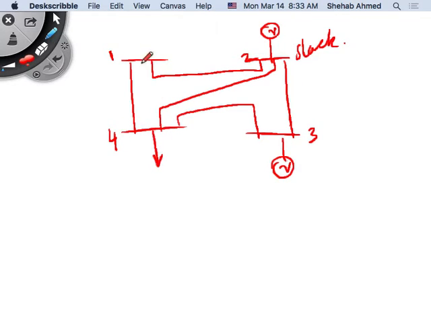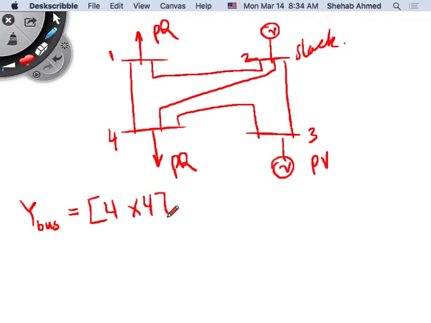This was a PQ bus, PQ, PV, and slack. So here I have a 4x4 system. What's the order of my Y bus? Y bus is a 4x4. How about the Jacobian matrix?